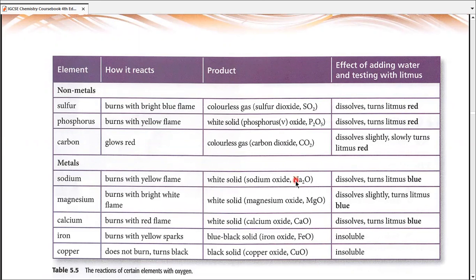This table is all about reactions of certain elements with oxygen. When a metal or a non-metal reacts with oxygen, what happens in terms of the chemistry, and what happens to what we see in front of our eyes? I mean, the visual observations. So we're going to cover all of that, and we're going to start off with non-metals and move on to metals.